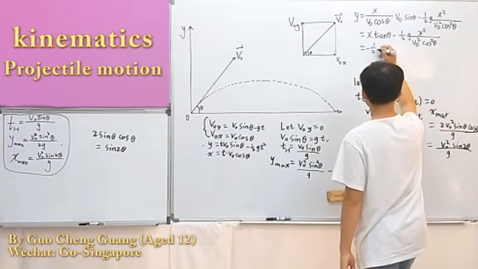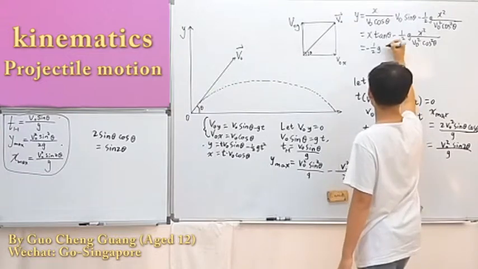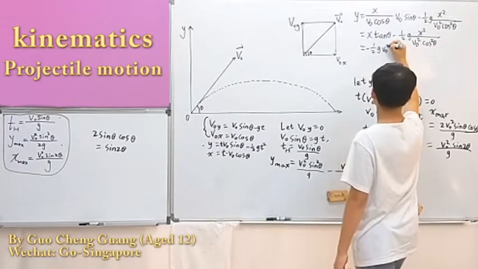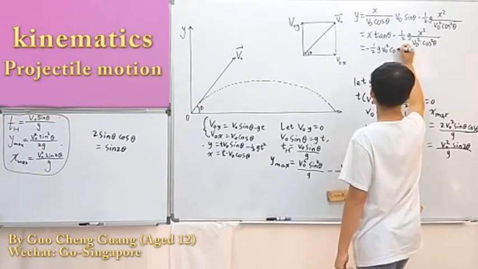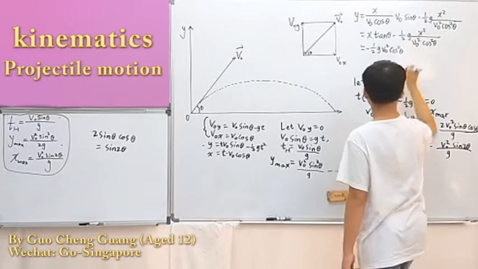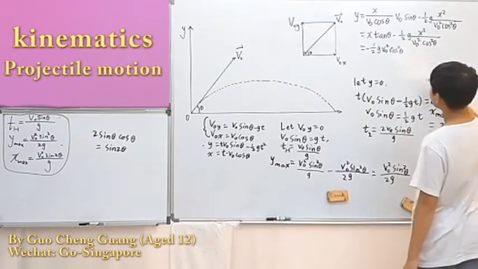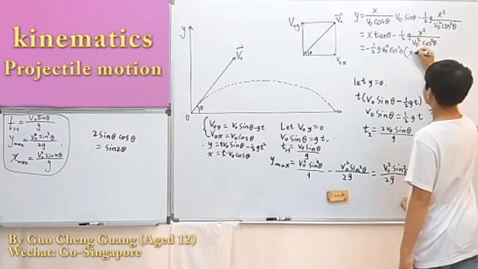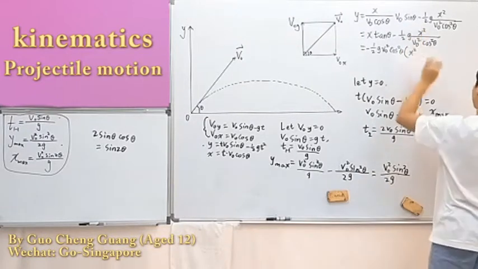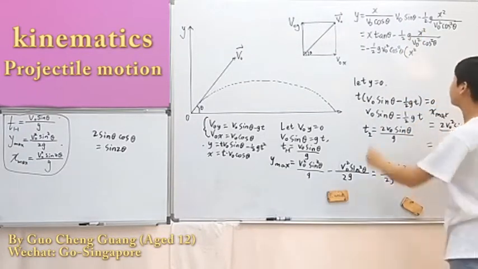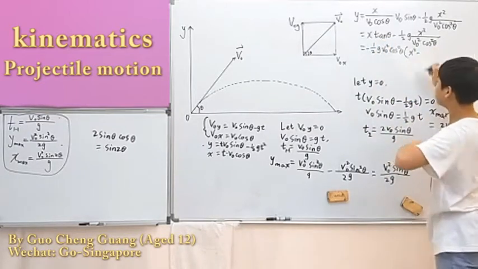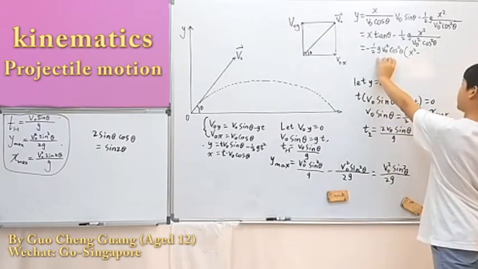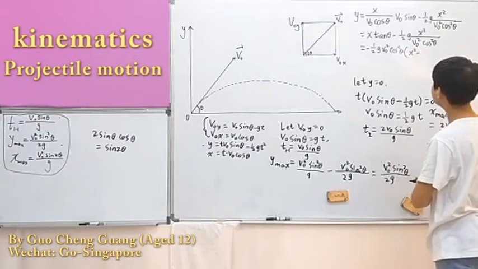In front, you will take out negative half, then g, over the initial velocity squared, then cosine squared. Then this first term will become an x squared. Everything else that I didn't have, I will put inside.